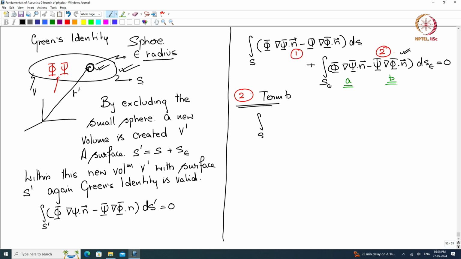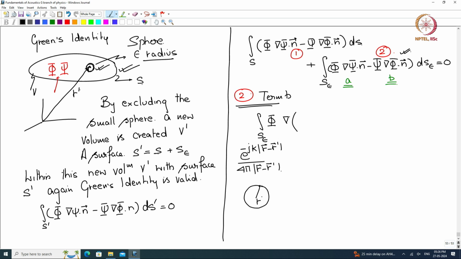Integral over S epsilon of gradient phi, gradient of the Green function. What is the Green function? It is e to the power of minus j k magnitude of r minus r dash, divided by 4 pi magnitude of r minus r dash, and this is on the epsilon sphere of epsilon radius.